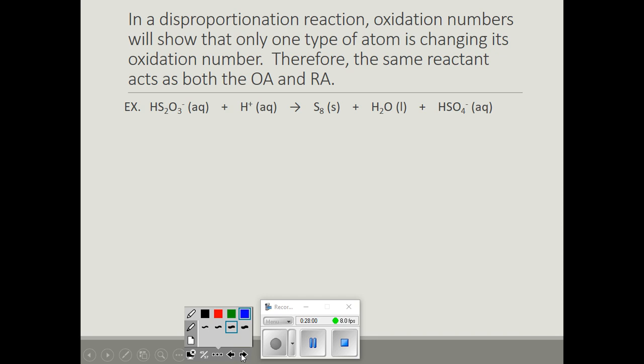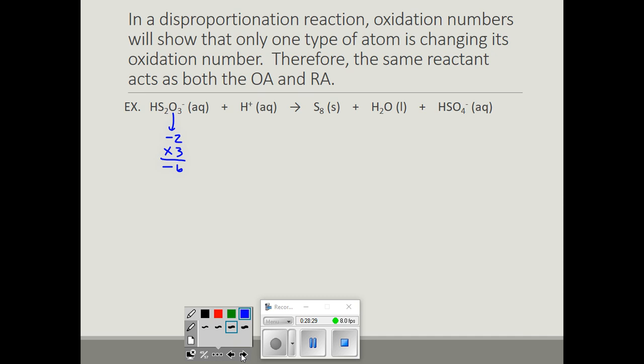Now, if we're talking about disproportionation, the thing that you have to recognize is that in the beginning, the atom that's going to be the oxidizing and reducing agent will just have one oxidation number, but in the end, it will have two different oxidation numbers. So in this example here, if I assign oxidation numbers, oxygen would be -2, and there are 3 of them.